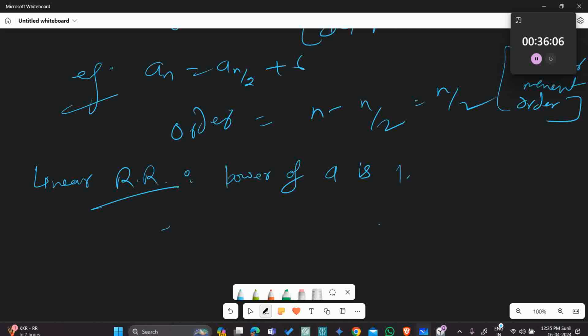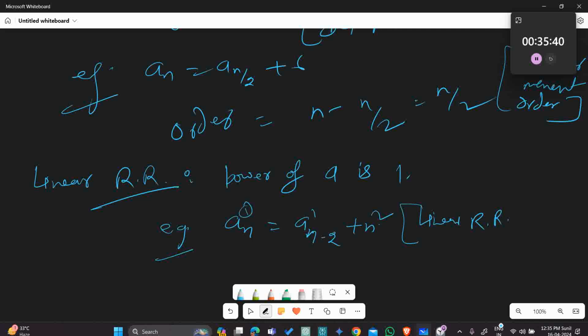For example, a of n minus 2 plus l square, this is a linear recurrence relation because all powers are 1 here.